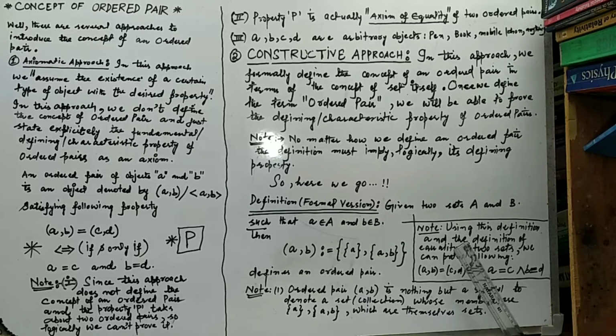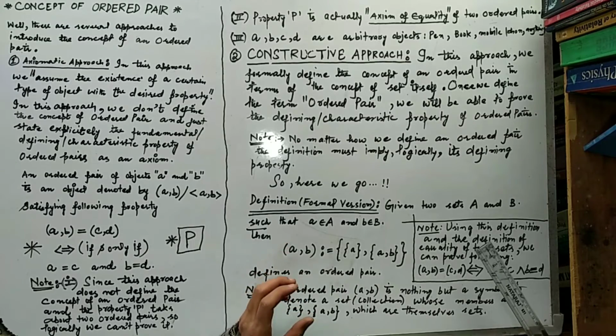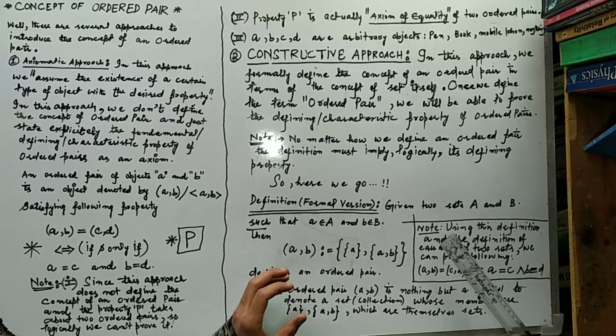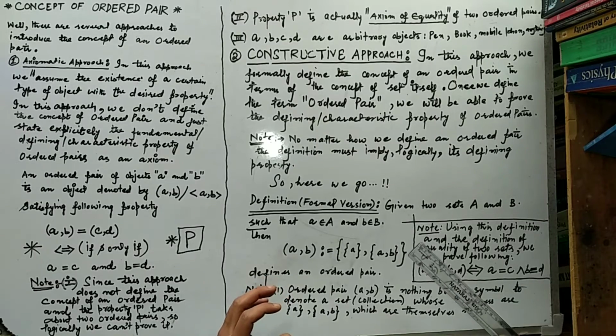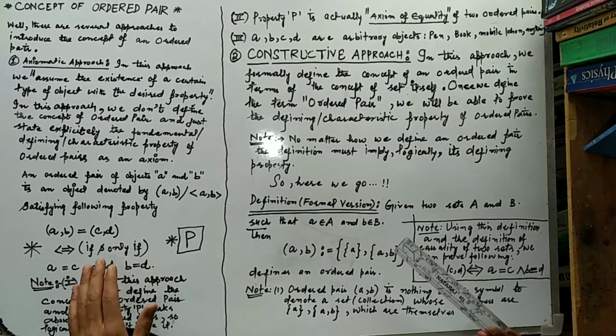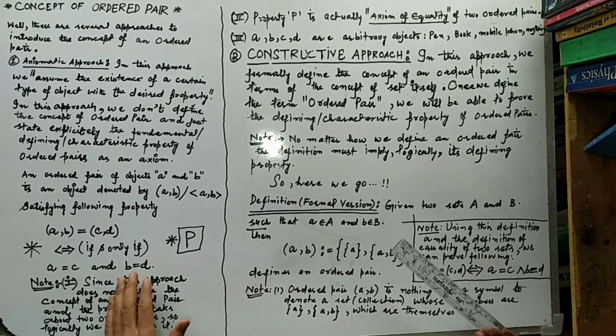Now you should note one important thing here: using this definition and the definition of equality of two sets, I mean the axiom of extensionality of sets, which I have already discussed in the last videos, you will be able to prove the defining property of an ordered pair. That is, an ordered pair (a, b) is equal to an ordered pair (c, d) if and only if this thing happens.